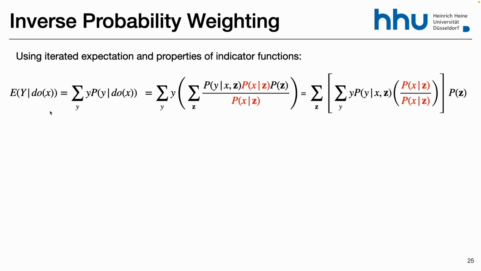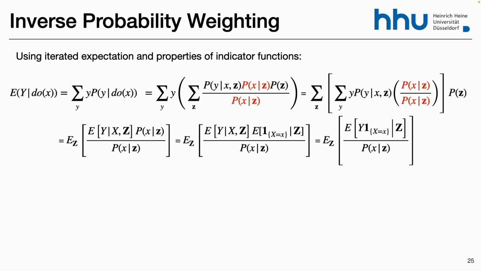Basically, the first part is just applying the definition of expectation, and the probability now has the weights. We have here in red the difference between the usual backdoor and the weights. We just put them together, so I'm not doing anything crazy in the first line.